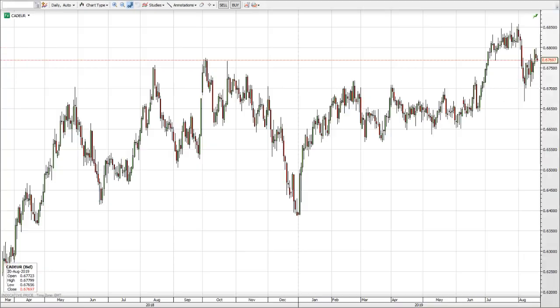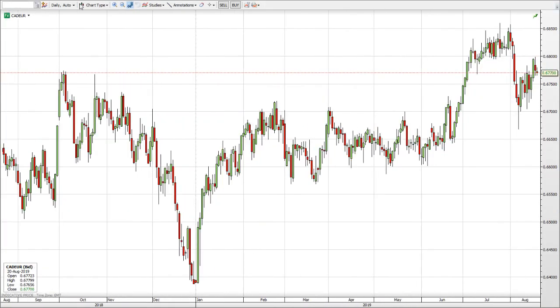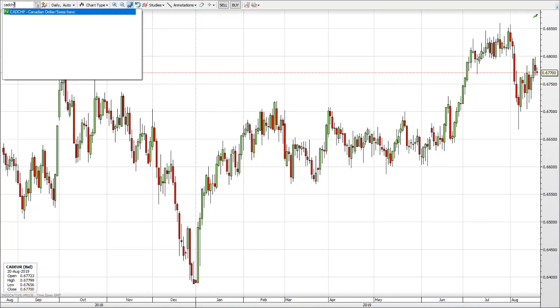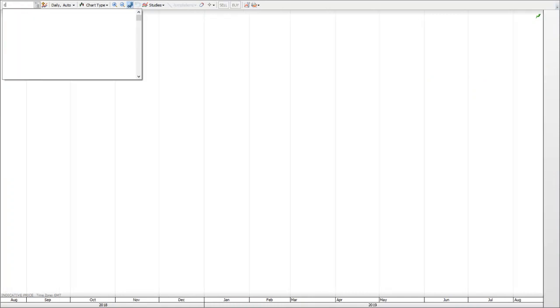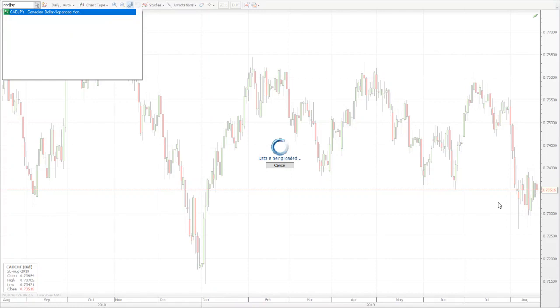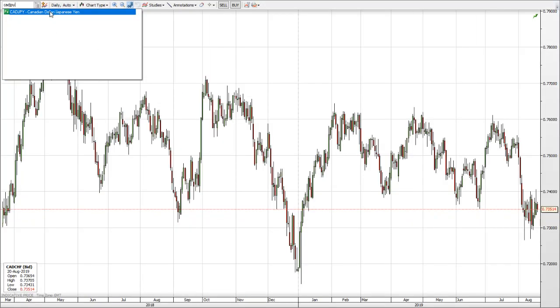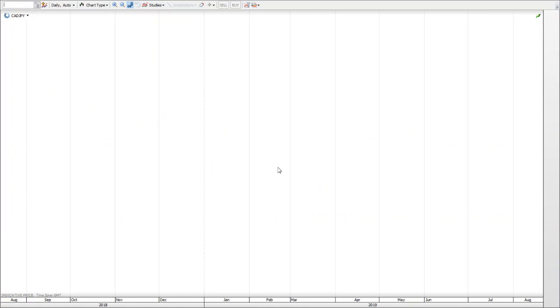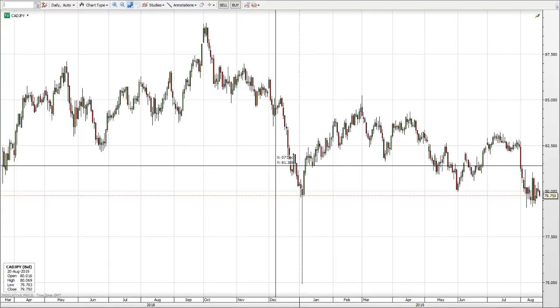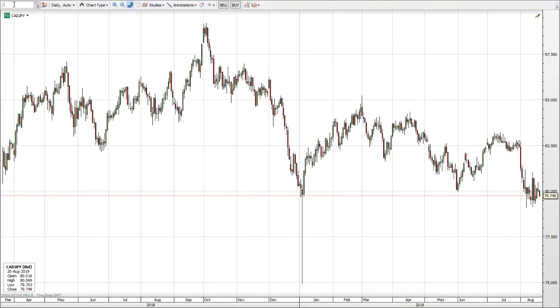How is the Canadian dollar performing? Quite weakly. Against the Swiss franc, quite weakly. Against the yen, quite weakly.